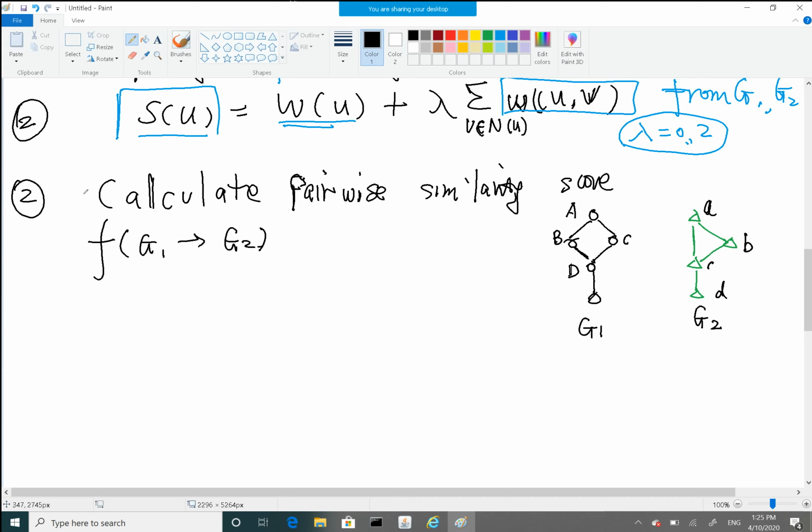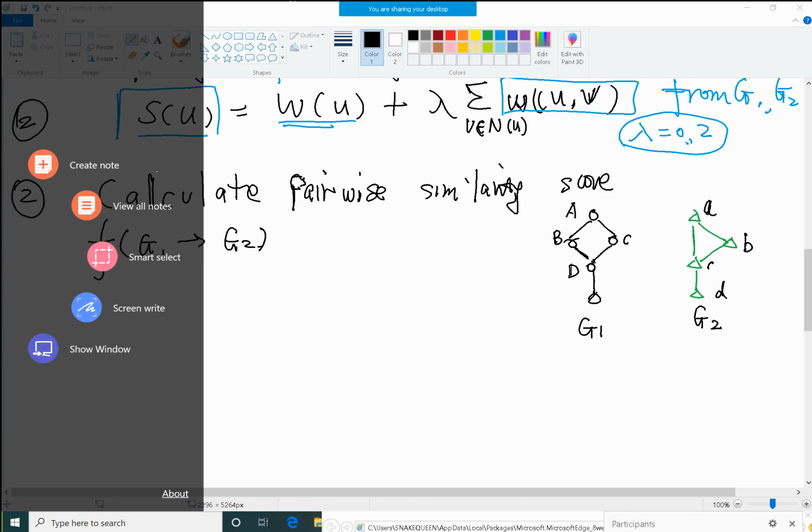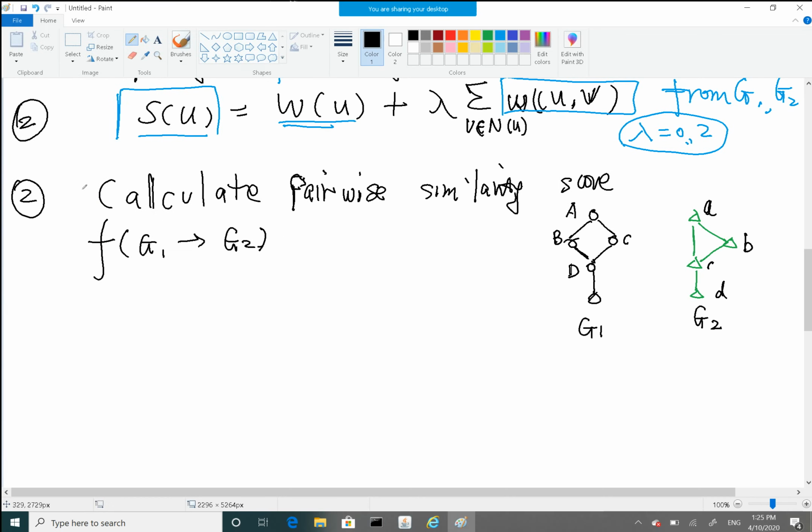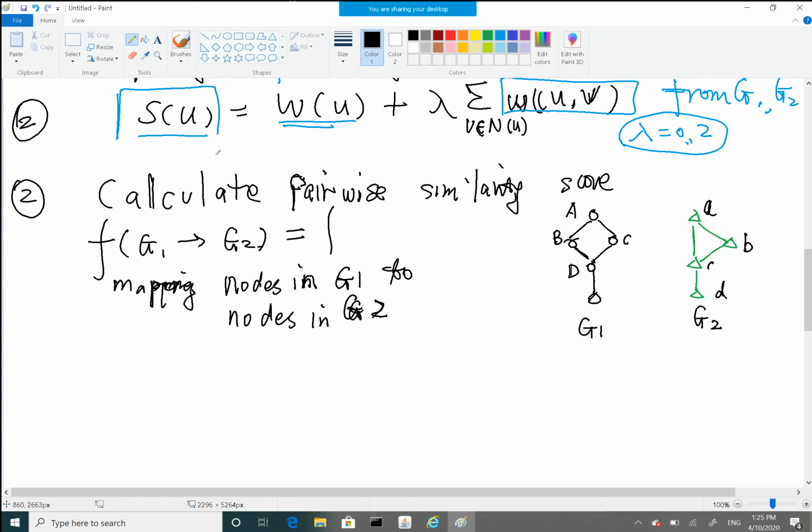We want to find this mapping, and most importantly we want to map nodes in G1 to nodes in G2. The function we want to get is V1 to V2.